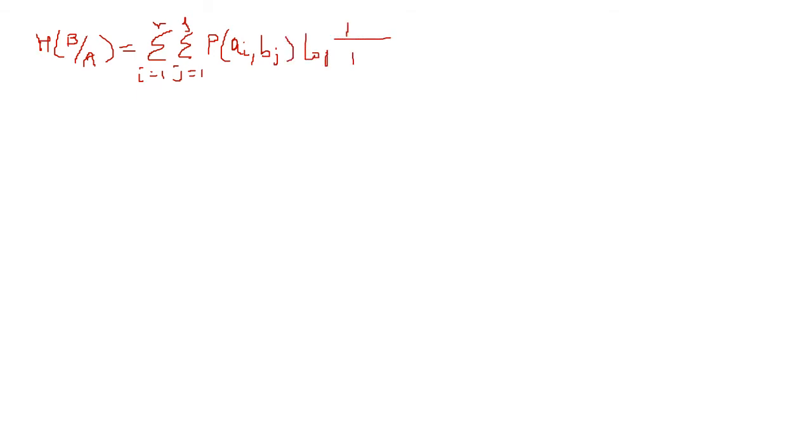Equivocation for the same channel, we can write it as H(B/A) equal to double summation i varying from 1 to r, j varying from 1 to s, p(ai, bj) into log of 1 by p(bj/ai).